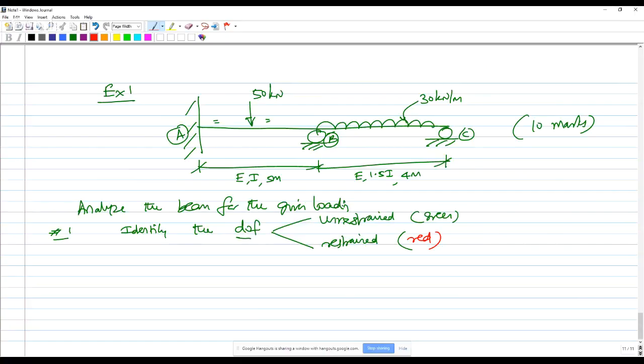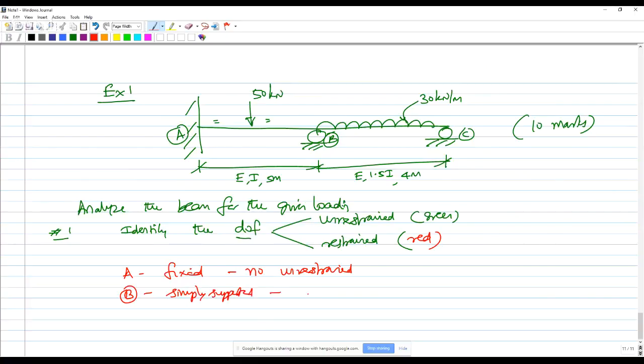If you look at the support A, it is fixed, so it has no unrestrained degrees. All are restrained. If you look at support B, it is simply supported or hinged.